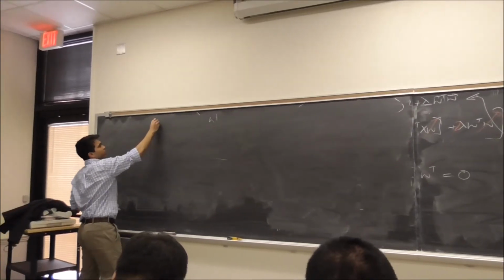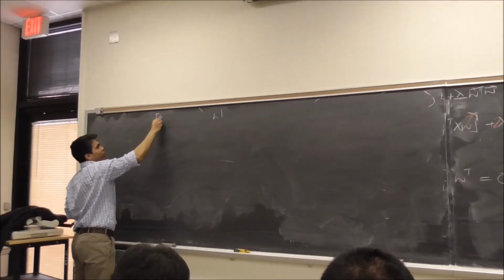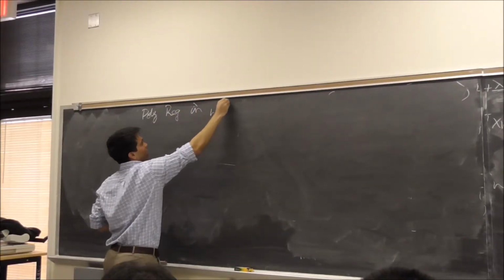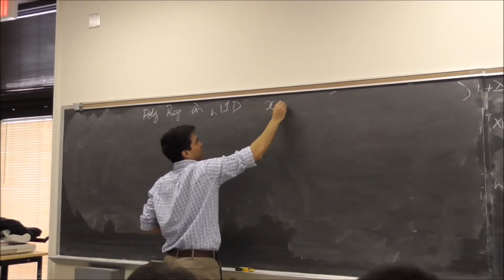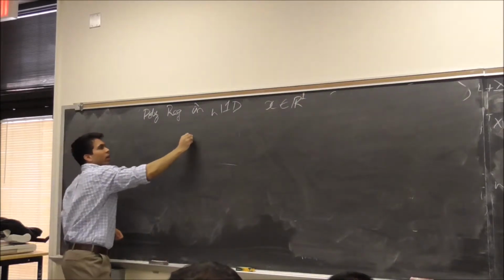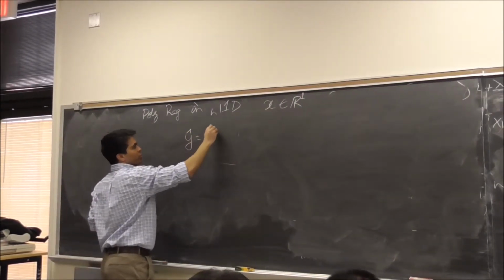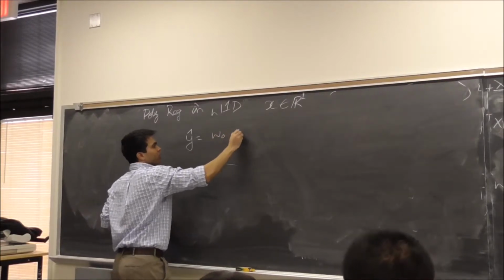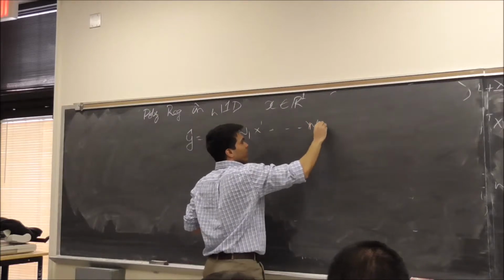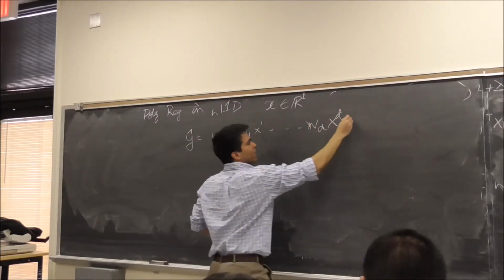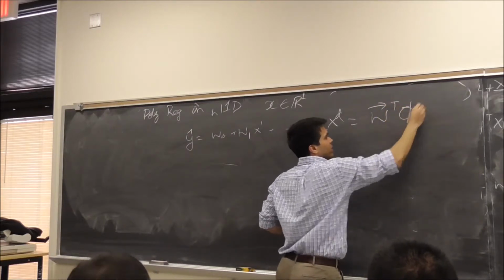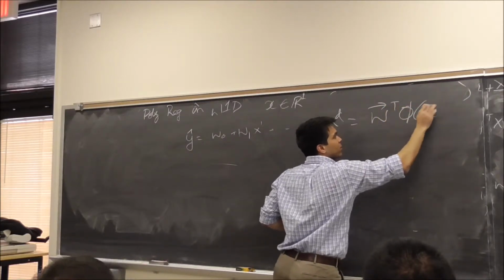So polynomial regression, let's say in 1D for now, which means x belongs to R1, right? It's just a one-dimensional feature. I can have polynomial regression, which just means w0 plus w1 x all the way to wd x raised to power d. And this is the same thing as saying it's w transpose some phi of x.